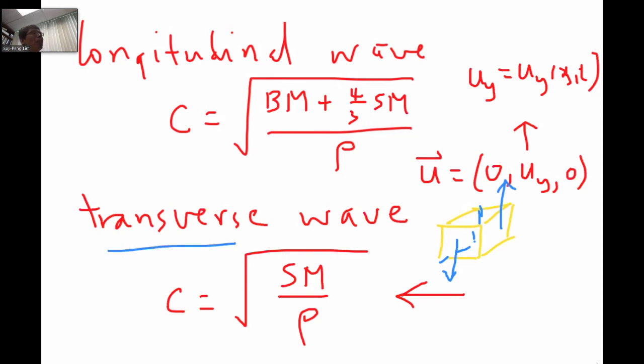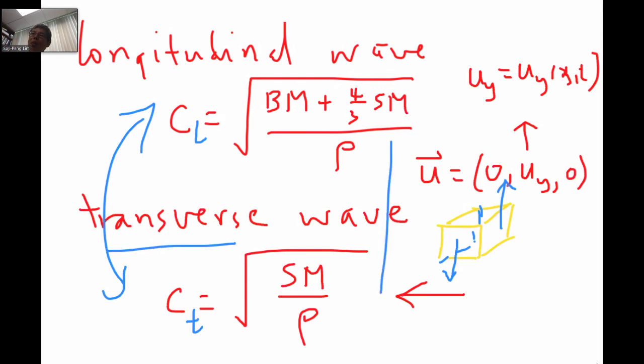One of the interesting things is, let me say this is longitudinal and this is transverse. Just by looking at the two expressions, you can see that the speed of the longitudinal wave is always greater than the speed of the transverse wave.